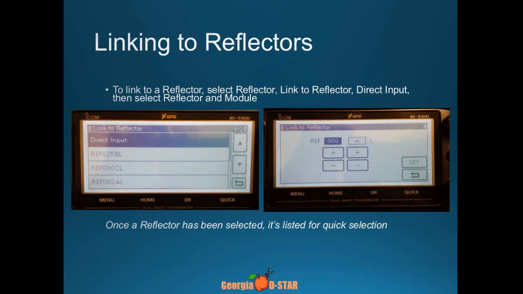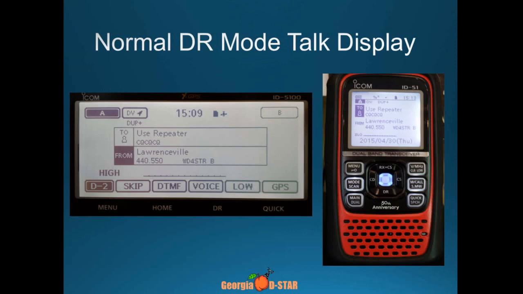All right, let's try a couple of other things here. Now, remember, just like anything else, you want to go back to the talk display, which is the CQ, CQ, CQ. If you've got the two selected and you rotate your knob, or the big knob on a 5100, then you can rotate back to that.